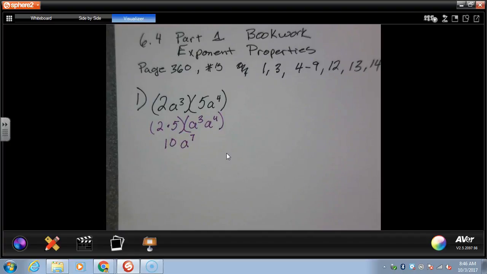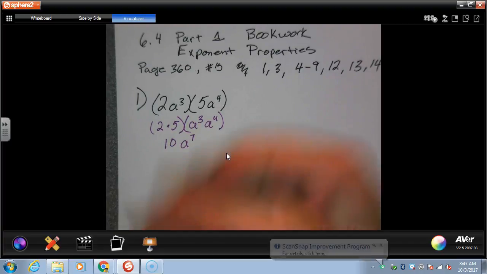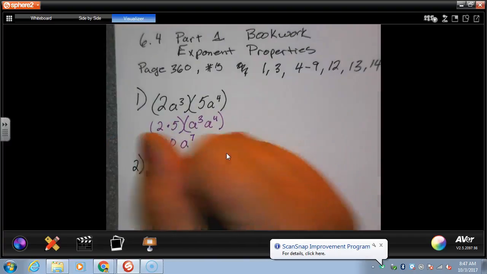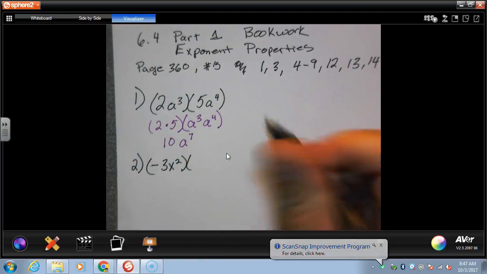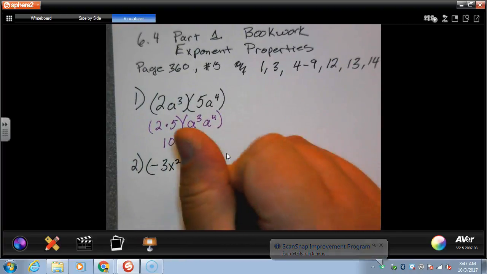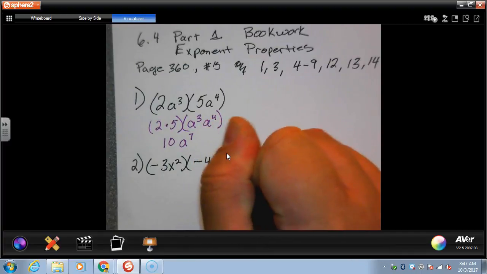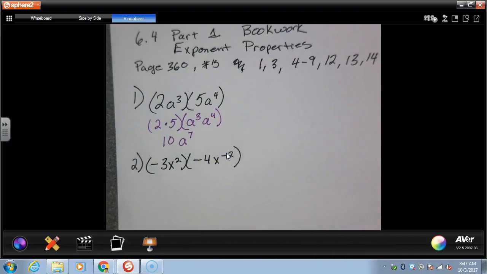Okay, number 2. I have negative 3x squared times negative 4x to the negative 2. If you want to group, go ahead.